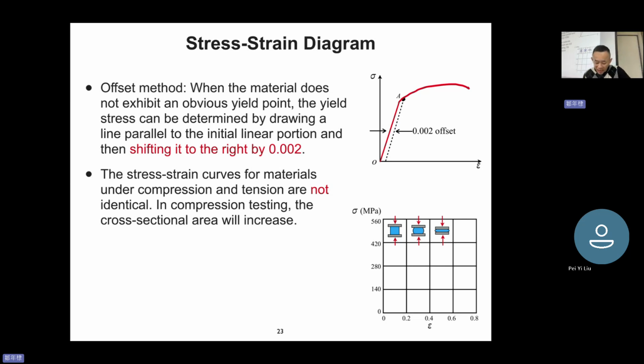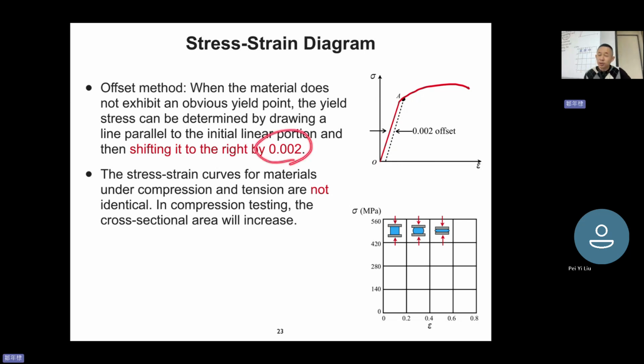how can we define the yield point? This is just a rule, don't ask me why. The engineering field defines a 0.002 offset. What does that mean? You use the slope of the linear region and shift it right by 0.002 strain.